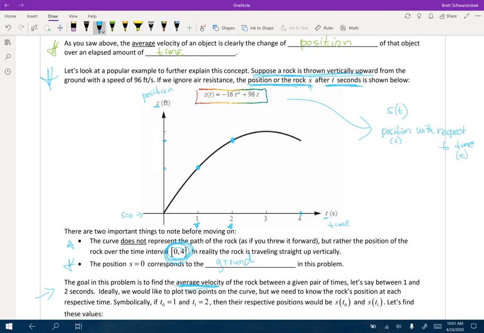So it's similar to f of x or any of the other function notations you had before, but it's a little bit more informational. It's position with respect to time. That's the key. So that's your formula.